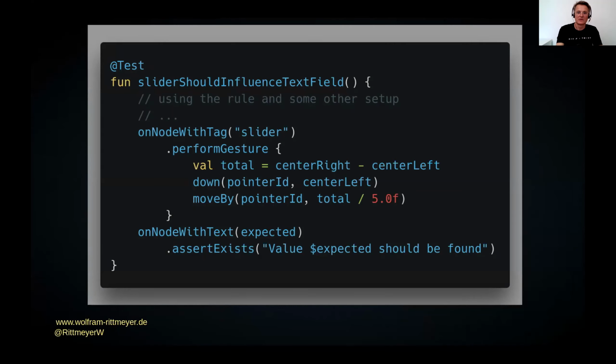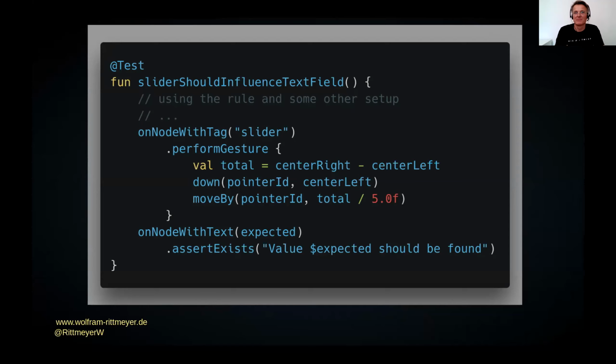Then it goes to the center left, presses on the screen, taps on the screen, and then moves to the right. And at the end, it's expected when the slider slides that the text field value changes, and that is what should happen. And this is what the test here tests.